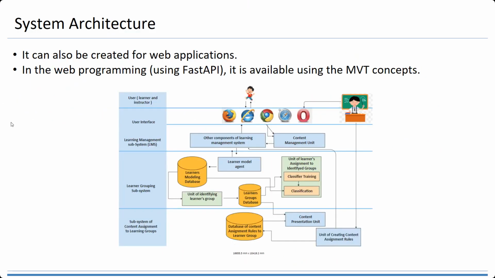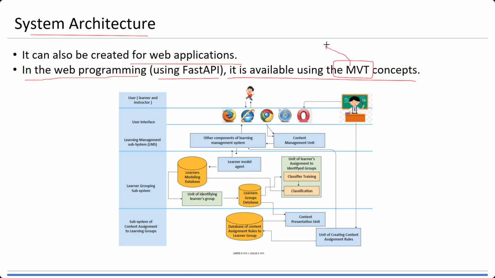We can also use this system architecture for a web application. In web programming, in this case using the FAST API, we can use it to show the MVT concept. Last week, we learned about the MVT concept. Do you still remember?